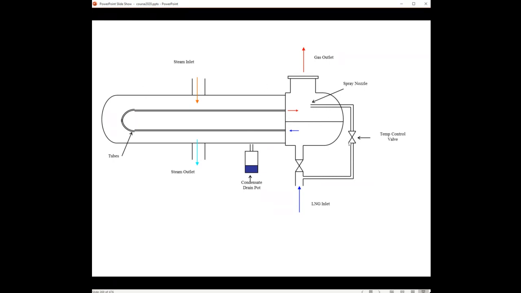So the more we open this valve, the more liquid droplets we evaporate, and the colder will be the gas outlet. So it is with this valve that we will control the temperature outlet of the vaporizer. Very important that once you start up the vaporizer, you immediately control the gas outlet temperature.